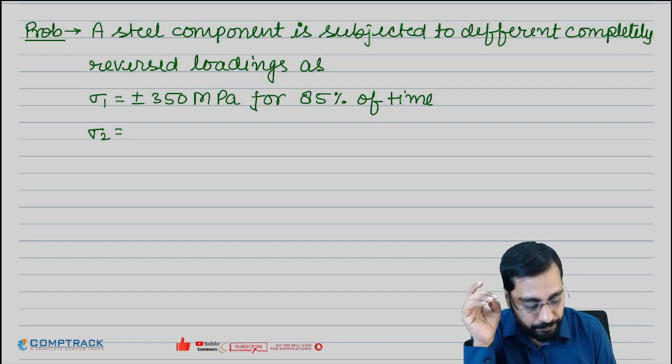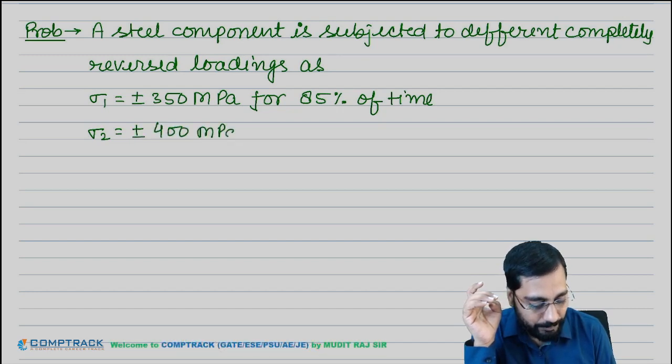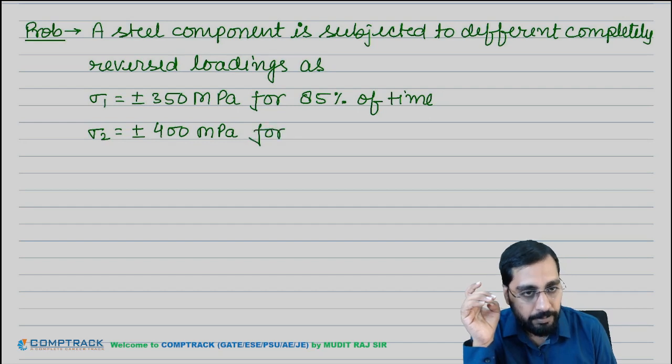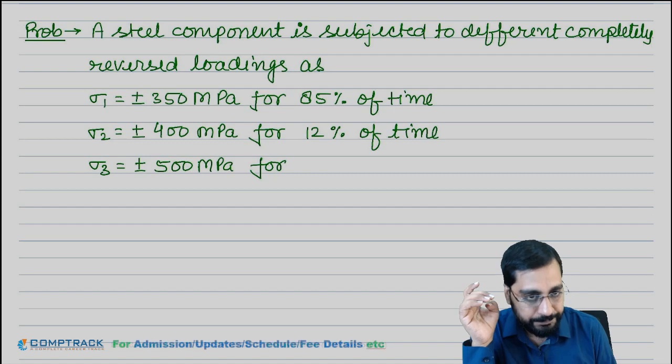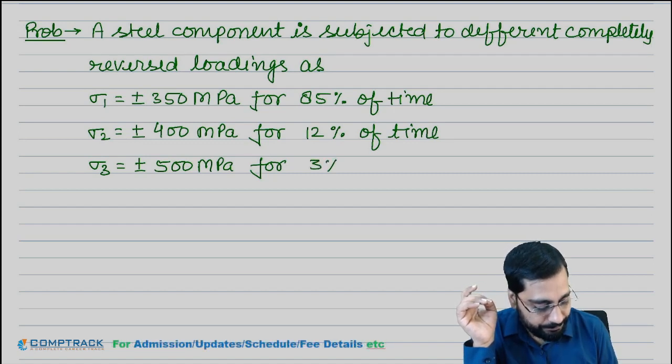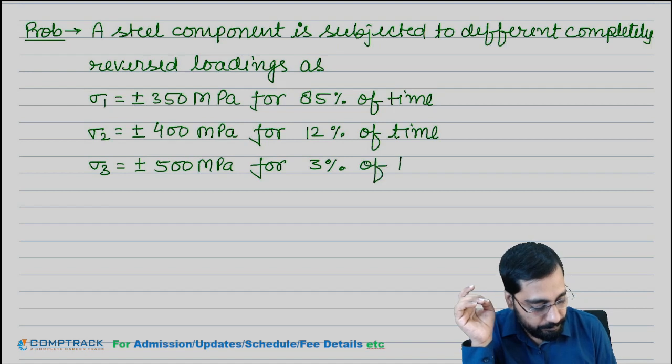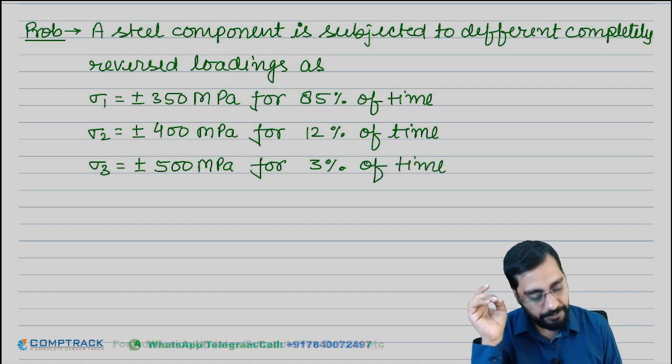Sigma 2 plus minus 400 megapascal for 12% of time. Sigma 3 plus minus 500 megapascal for 3% of time.